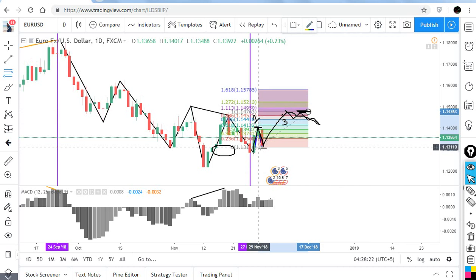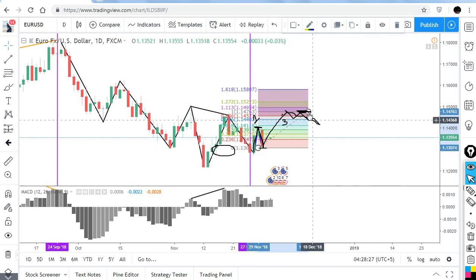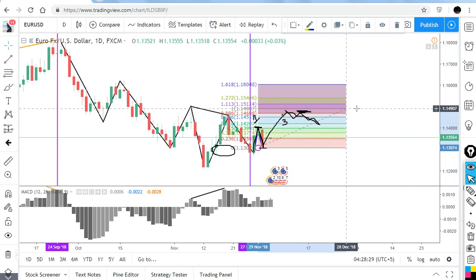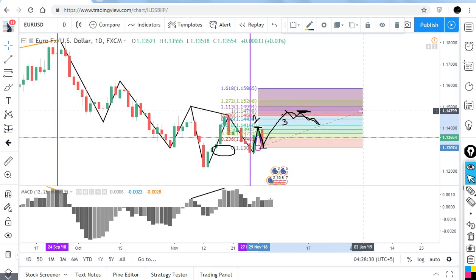Okay, so the projection of the fifth wave will be 0.272 if we project that after this correction. One more thing, if you see the size of the first wave, the next size of the fifth wave will be the same, because the third wave is larger, so the fifth wave will be smaller than the third one.